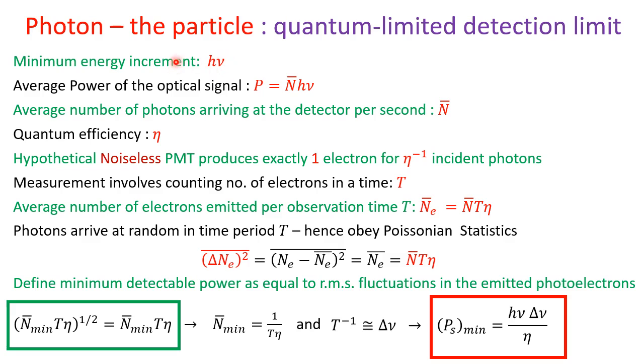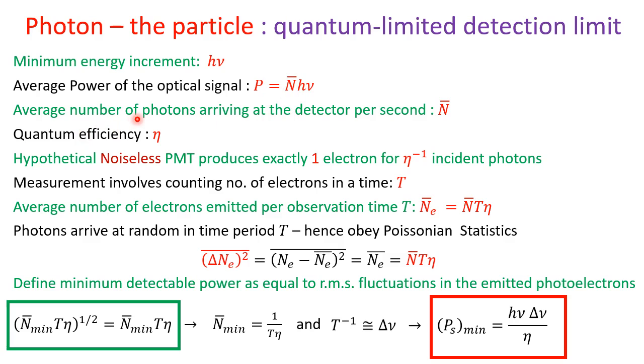So imagine h nu is the energy associated with my photon. Now remember that the average photon power in my optical signal tells me the rate at which the photons are arriving. So this is my number of photons per second multiplied by the energy associated with one photon, right? This will give me energy per unit time because this is looking at a rate of arrival of photons.